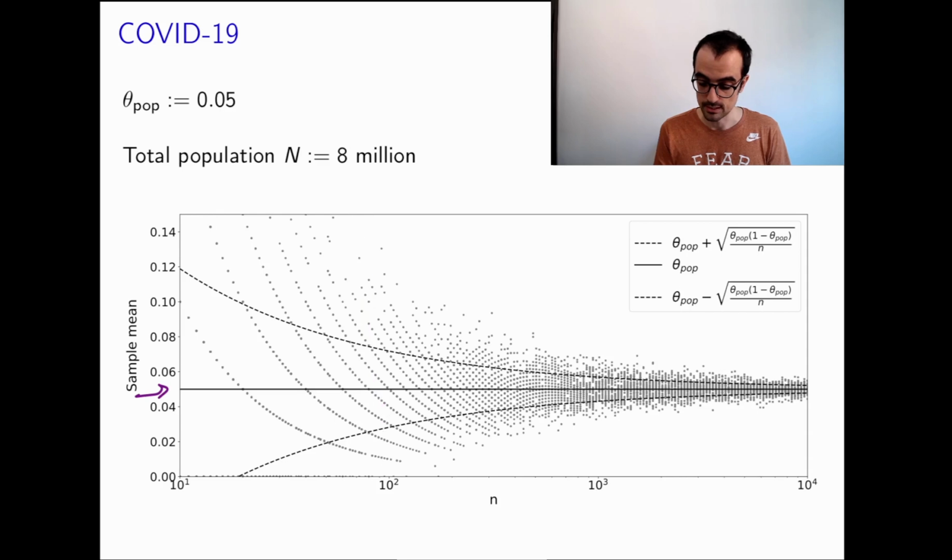And as we saw, they concentrate very tightly, and the way they concentrate follows these two curves around the true proportion in the population, which are the proportion plus and minus the standard deviation of the sample mean. Just to show you a connection with the proof of the law of large numbers: the proof predicts that that's what's going to govern the deviation of the sample mean from the true mean that we're trying to predict, and we see that this holds numerically.